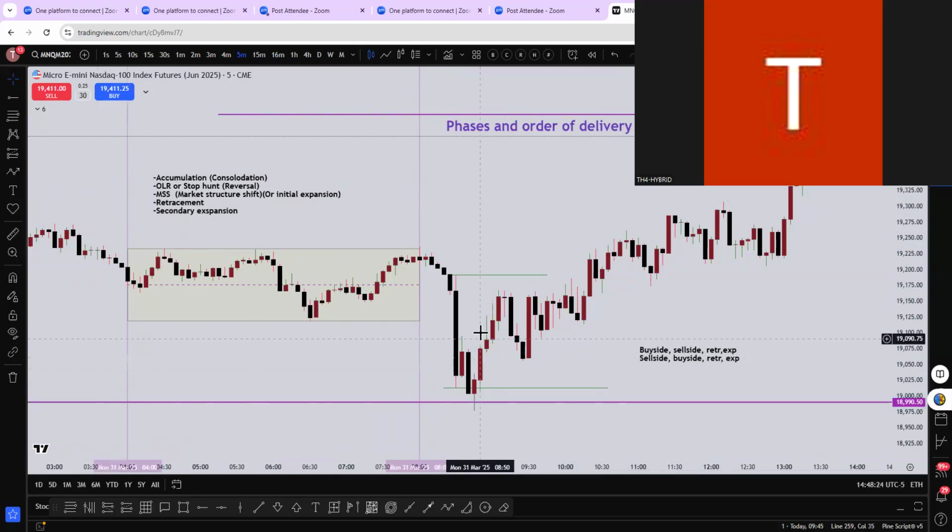After that, we need to confirm our direction. So if we're going to go bullish, we need to know when it's permitted. So MSS or market structure shift, which causes the initial expansion in the order of delivery, is next. And that's this leg right here.